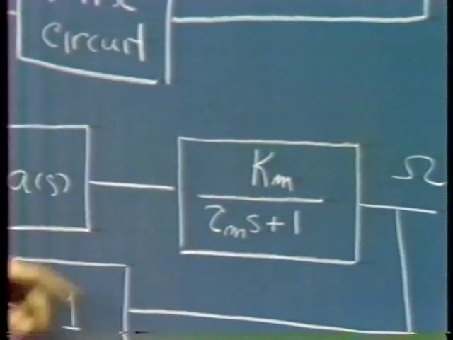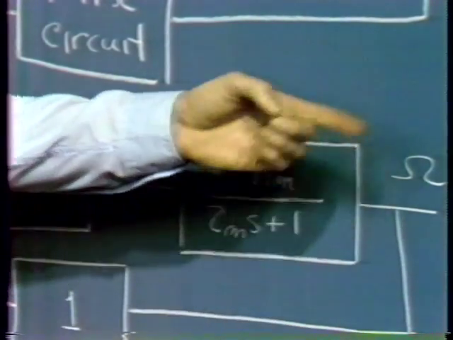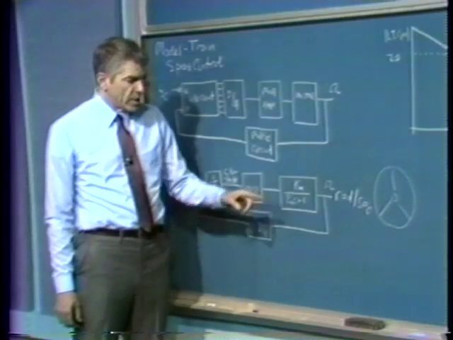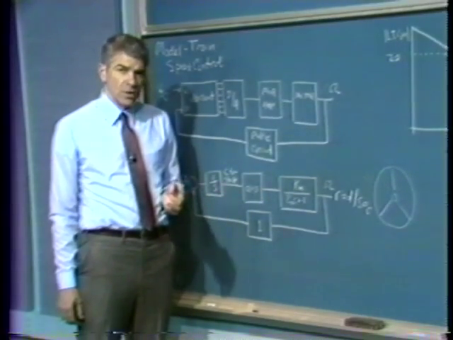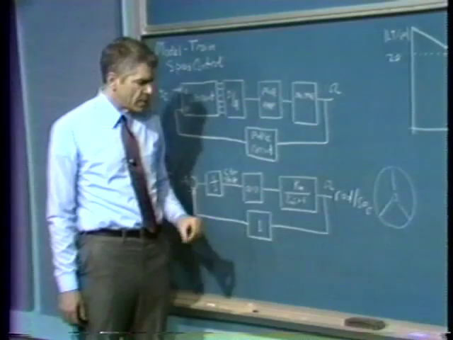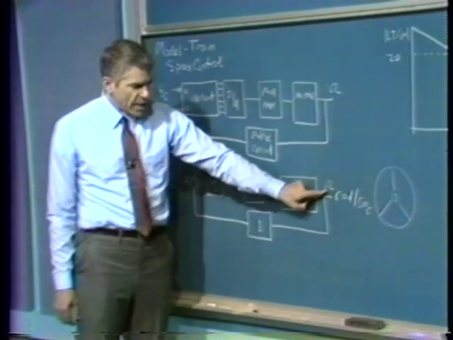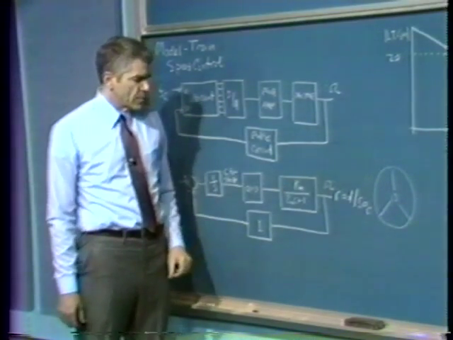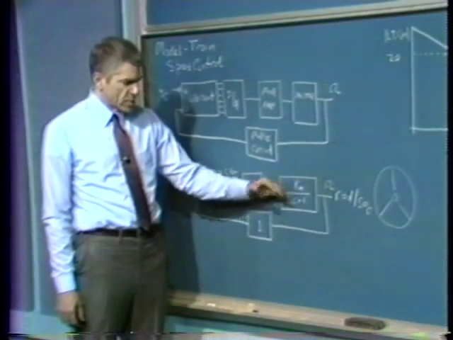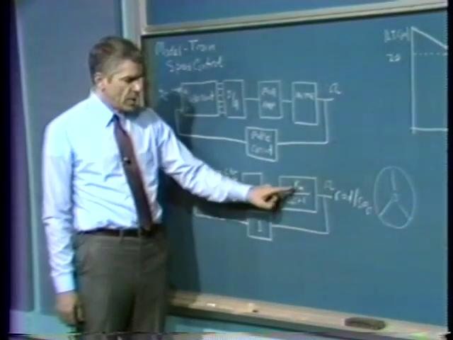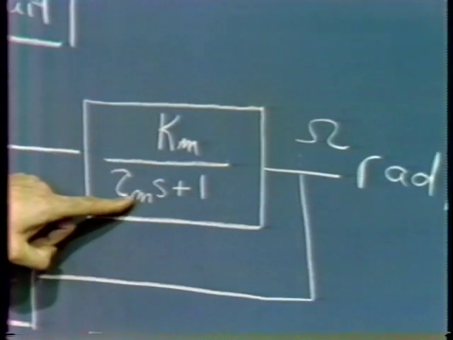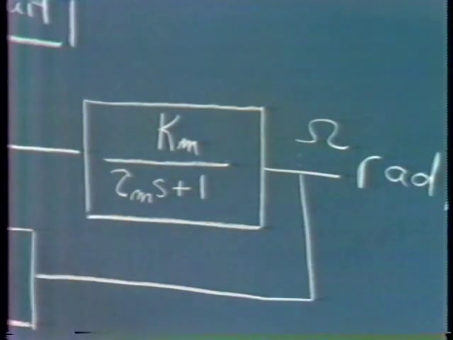You recall that if we use total shaft position as our variable, we'd have an integration between motor voltage and total shaft rotation. If we use shaft velocity as our output variable, then we get a first order time constant as shown, some constant, and then a time constant reflecting the fact that if we put a step of voltage on the motor, it would take a little while for the motor to accelerate to final value.